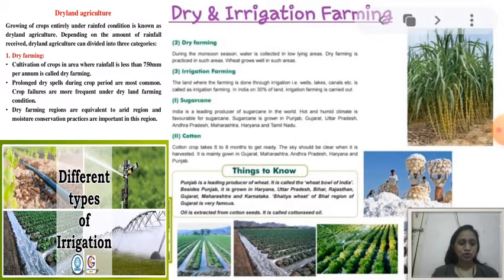Now in this picture you can see different methods of irrigation, that is drip irrigation. Okay, then it is directly providing water by making a small path in the field. Okay, that is known as directly providing water in the field. Here also you can see in the picture, okay, like this.